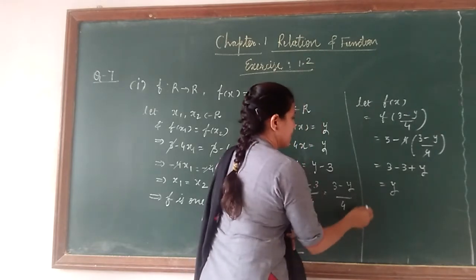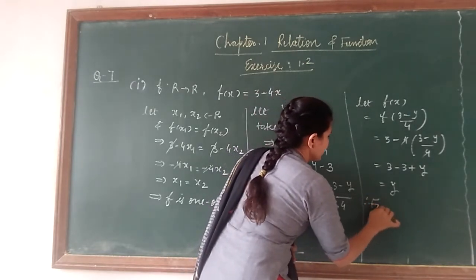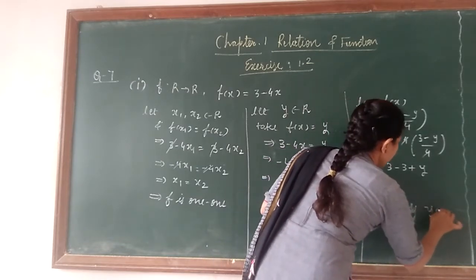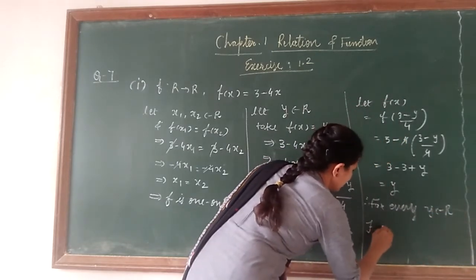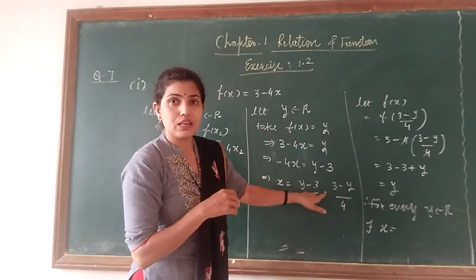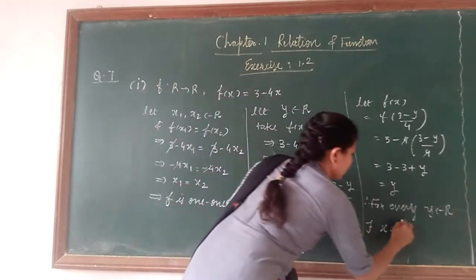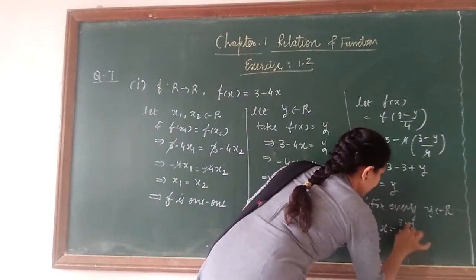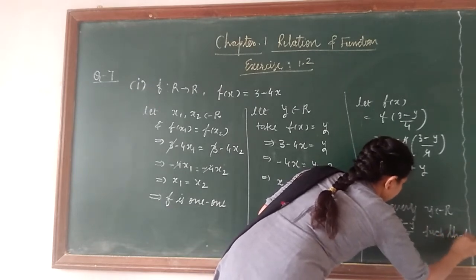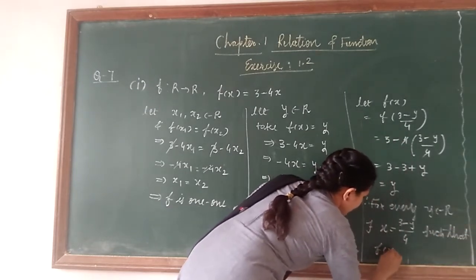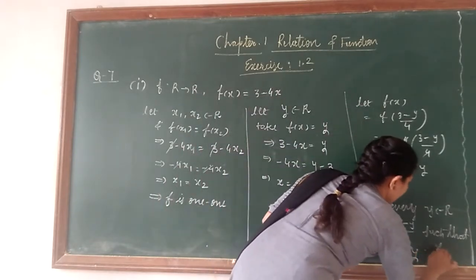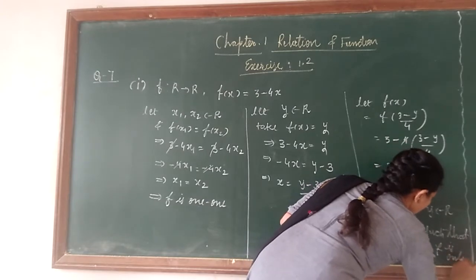So therefore we can write: for every y belonging to R, there exists x, which is 3 minus y by 4, such that f of x equals y, and therefore f is onto.